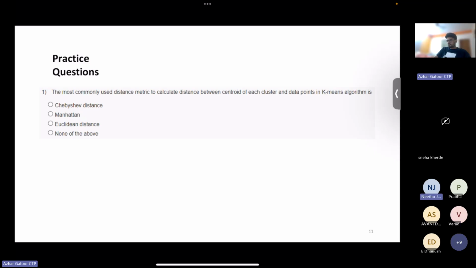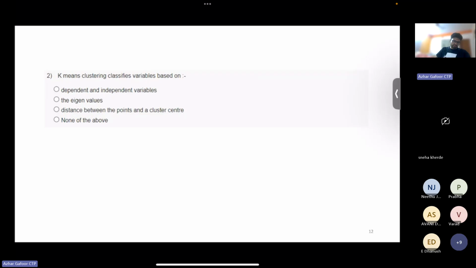Euclidean distance. Yes. Distance between points and a cluster center. Yes. Okay.